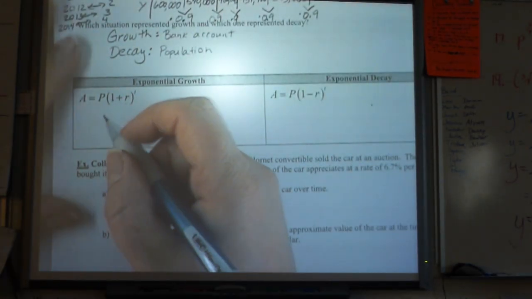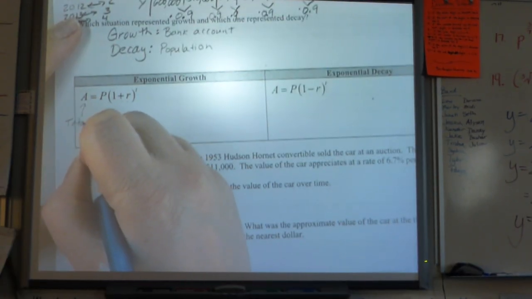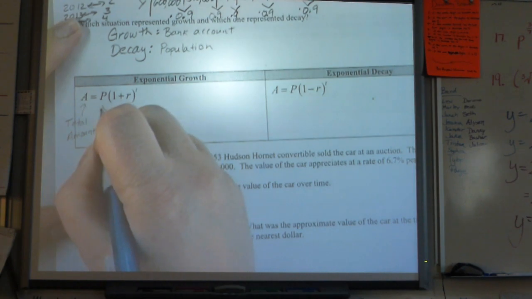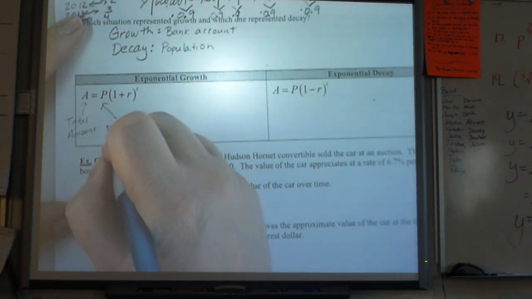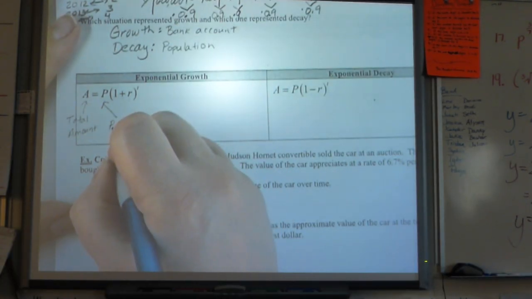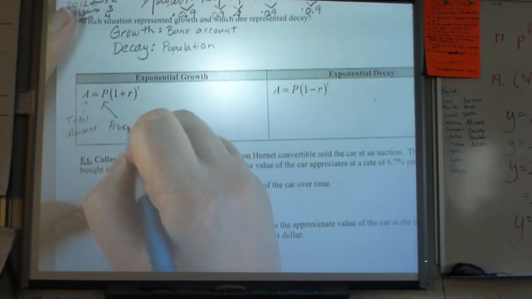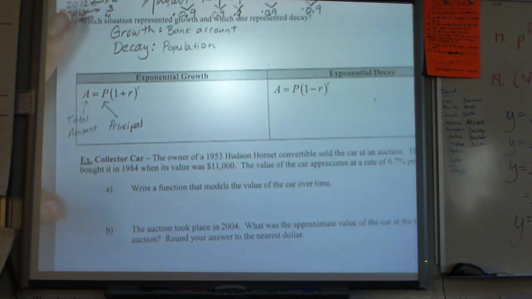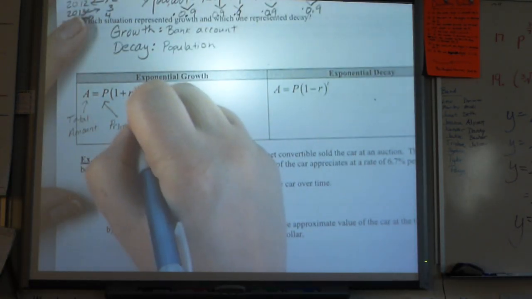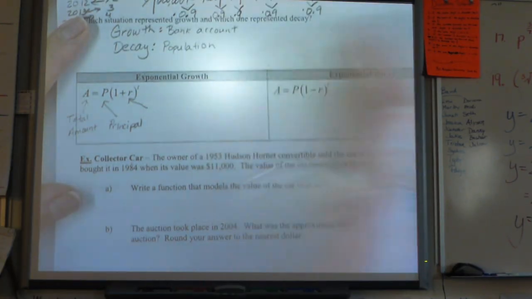So in this scenario, the A represents our total amount. Okay, the P is the principal or the starting amount. This is principal. The R is our growth rate or decay rate. I'm just going to write rate. We're not going to do this twice.